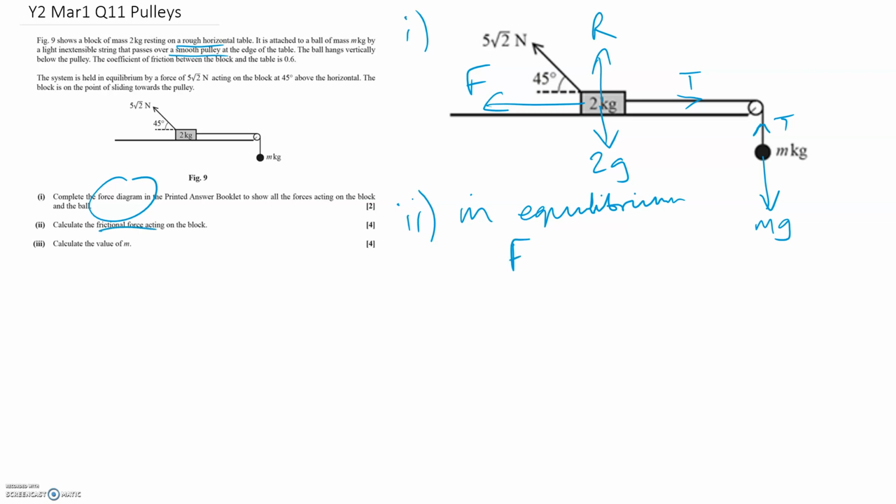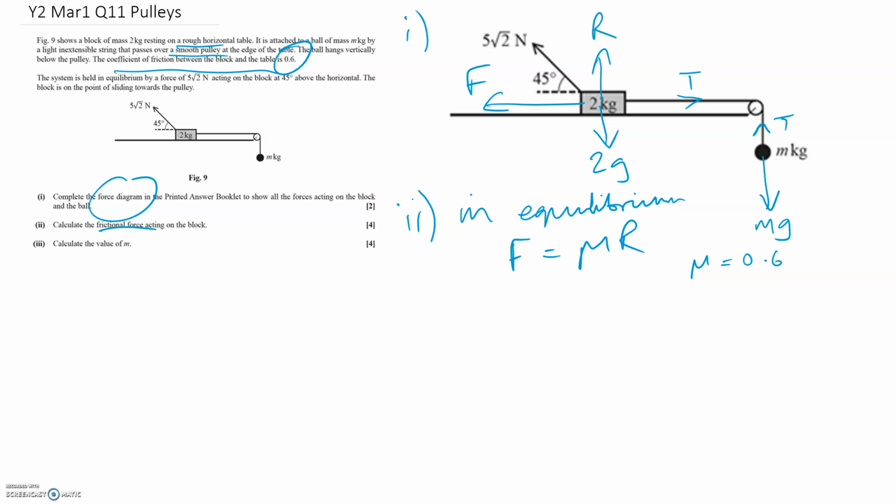In order to find the frictional force, we're going to need to use F equals mu R, and we know that mu, it tells us in the question, the coefficient of friction, is 0.6. So what we've got to do is find R first of all. If we can find R, we could just times it by 0.6, and then we've got the frictional force.